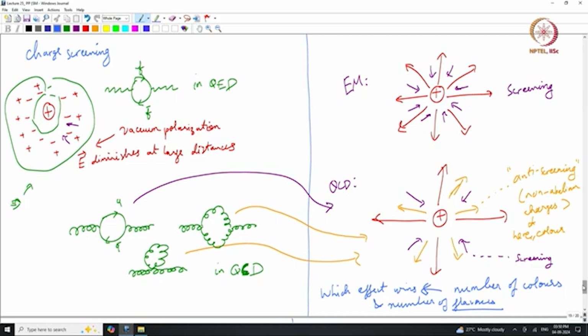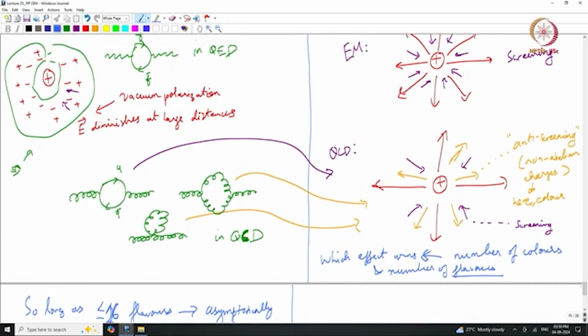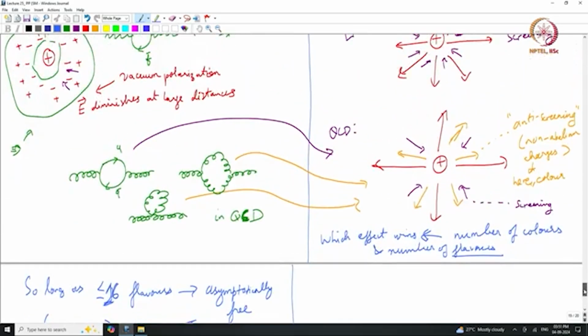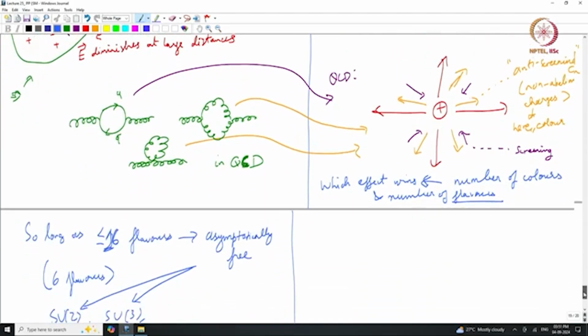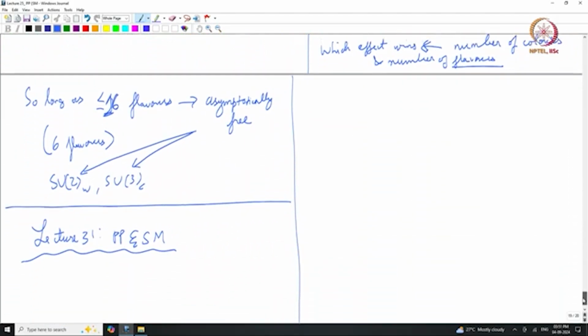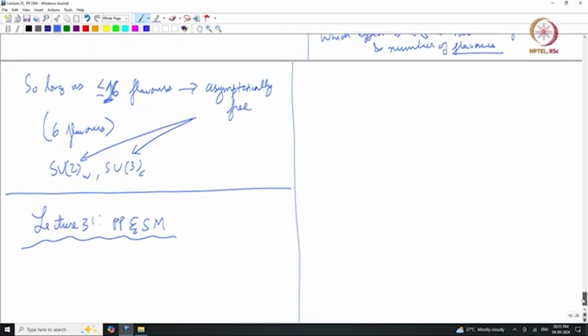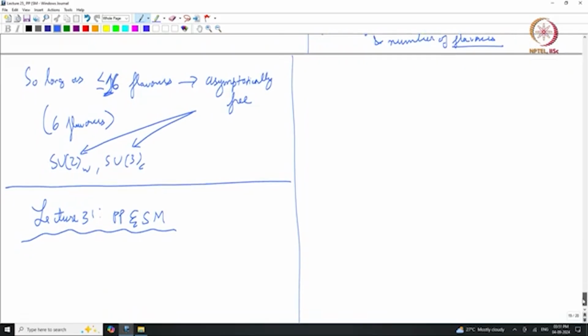Because of this, in addition to screening, you also have an anti-screening effect which basically enhances the field for a distant observer, and there is a competition between the color charges and the number of flavors that you have. We found that we are living in a world where indeed you can get an asymptotically free theory because we have less than 16 flavors.